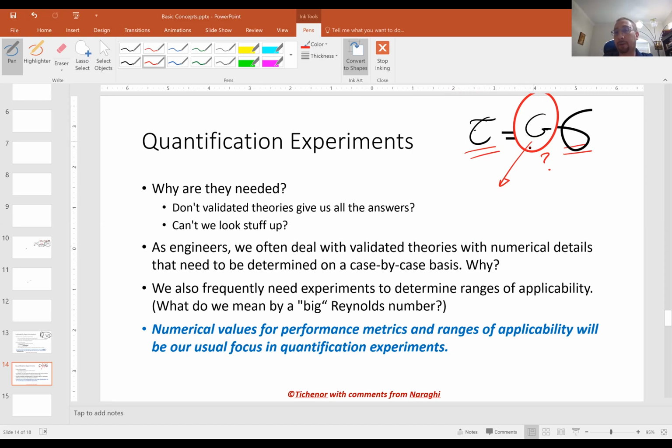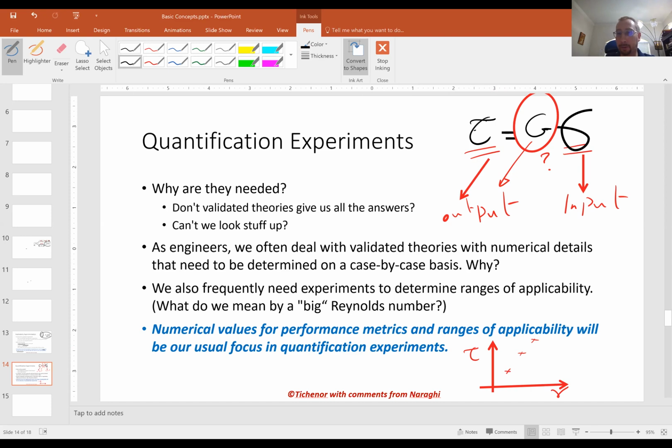So that's why we call it a quantification experiment. In this type of experiment, this is your input, this is your output, and what you're going to do is plot gamma as a function of tau.